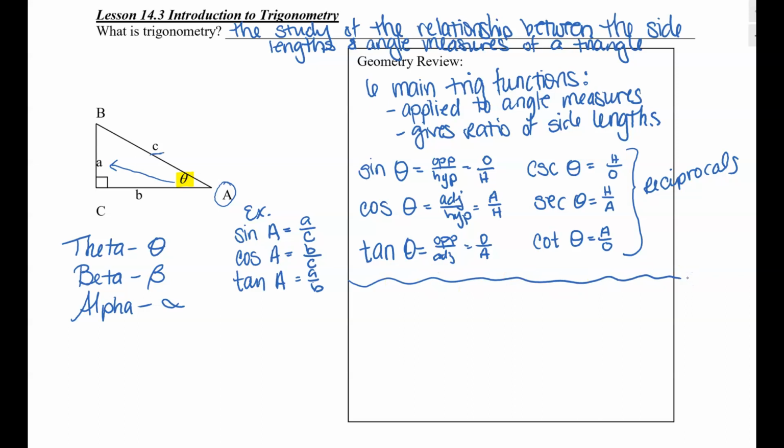We do have inverse trig functions. Okay, and those are to find the angle measure. So they are applied to the side ratios, and they give us the angle measure.